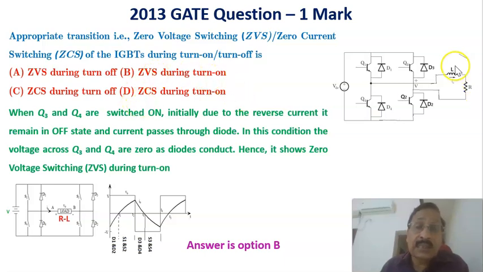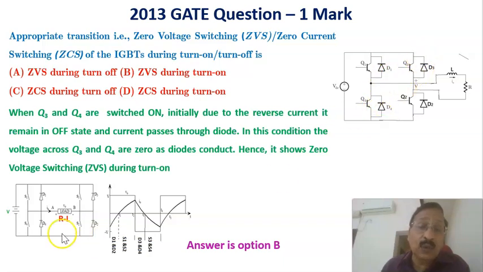Therefore, in this case, for example, when you are switching on, just before switching on, that is when Q3 and Q4 are just turned on, we can see that from here Q3 and Q4 are getting turned on. And just before that, the devices that are conducting are D3 and D4.